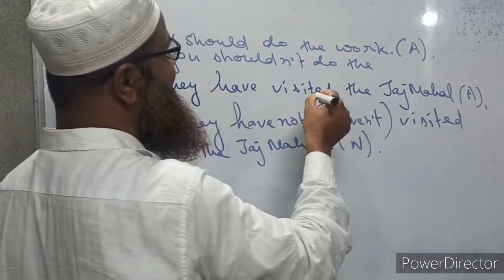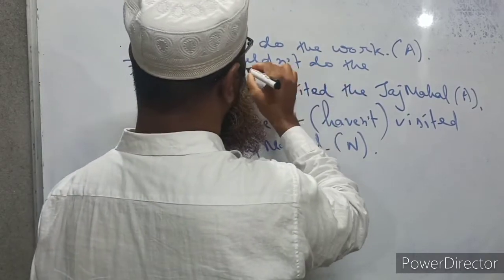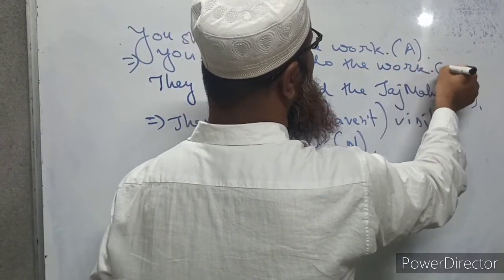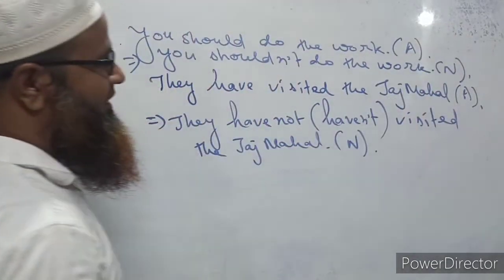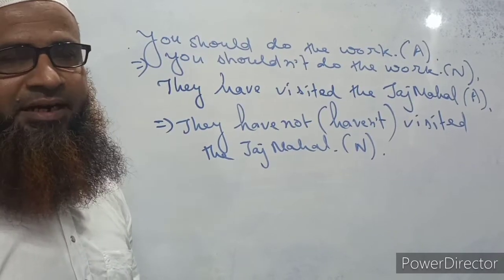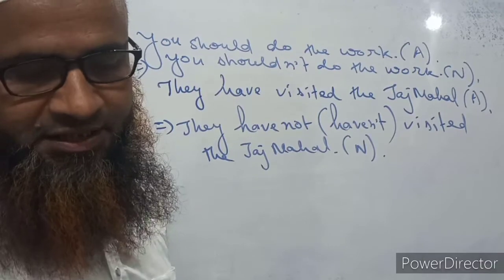So I hope you are understanding, and my point is being understood by you. You shouldn't do the work. This will be a negative sentence. So when not or never, no are added with the auxiliary verb, the sentences become negative.